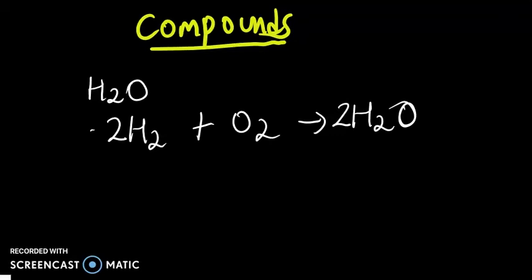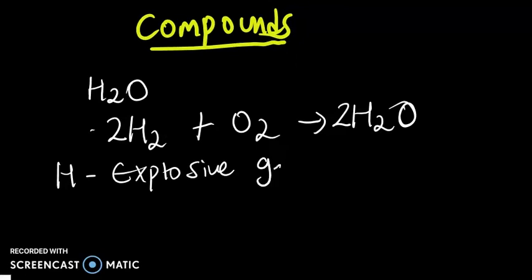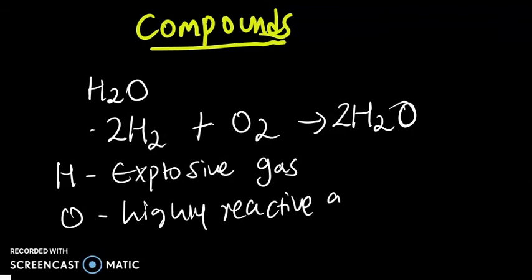Hydrogen in its nature is an explosive gas, and oxygen is a highly reactive gas. When the two elements combine chemically, they give us water, and water is used as a fire extinguisher.